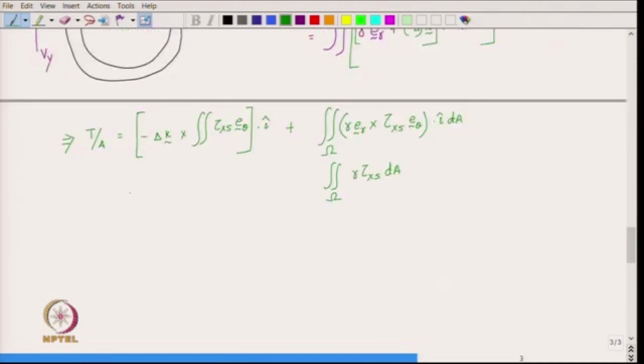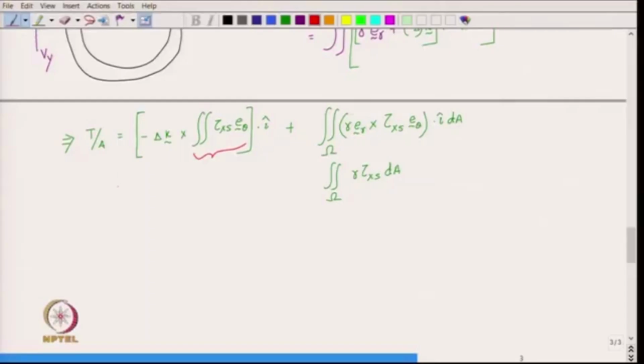Let us further come here. What is the first term here? You see the integration over here, we are integrating the shear stress over the entire cross section, that is simply going to give me the net shear force in the cross section, which in this case is V y. Okay.